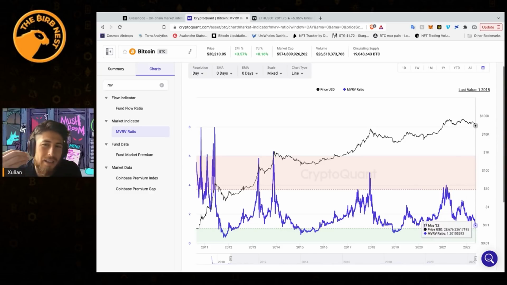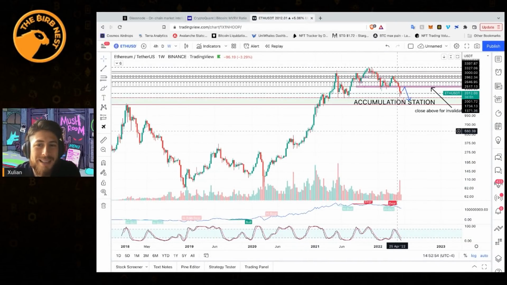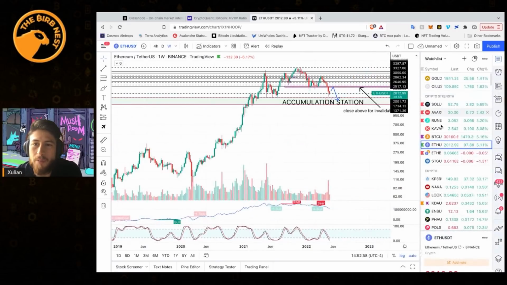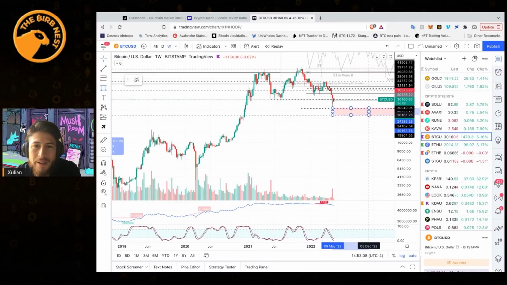And why am I bringing these specific prices or these specific numbers up? Am I just making it up? How did I paint this accumulation station that I've written out on Ethereum? Why am I picking this specific price for Ethereum? If I jump over to Bitcoin, I have a similar price range painted out right around here, which is the accumulation station range, this one right here.